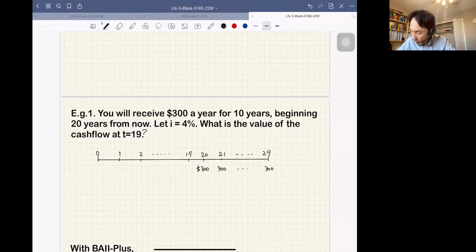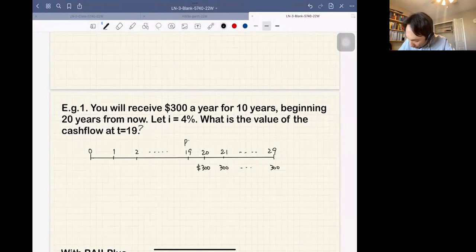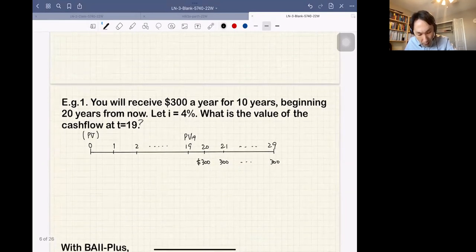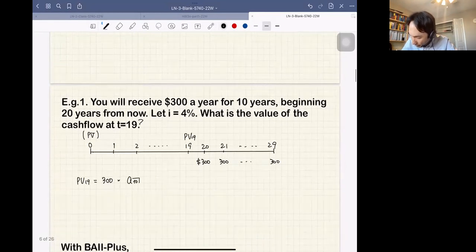So at first, our objective is to calculate the PV at 19. I would say PV sub 19. Later we will calculate this PV itself, but at first we would like to get the PV sub 19, and this is exactly 300 times a angle 10, because 10 payments, at interest rate 4%.